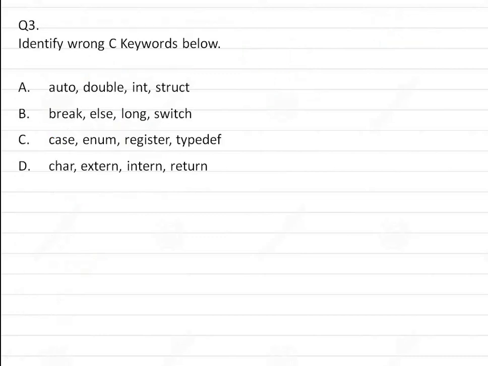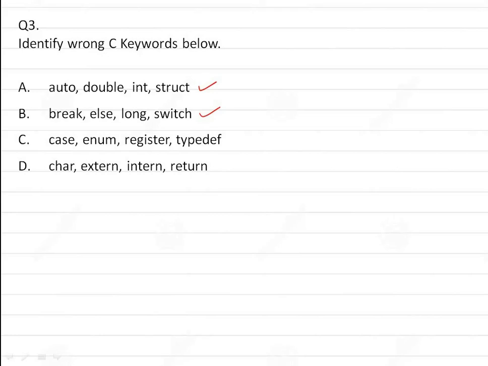Then third, in this question we have to identify the wrong keywords. There is a list of keywords in each option, so one by one let us check. The first option A, auto is a keyword, double, int, struct, so these are all keywords. Then break, else, long and switch, these are all keywords, so this is also correct.